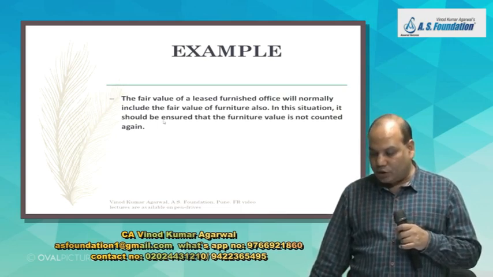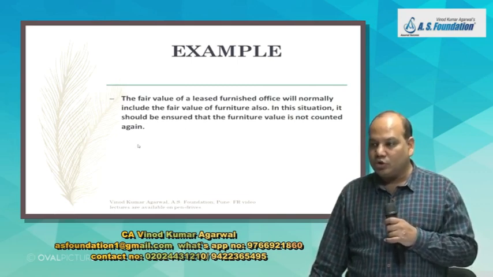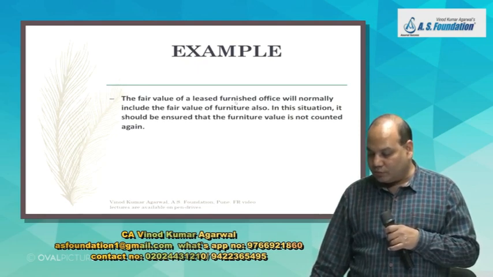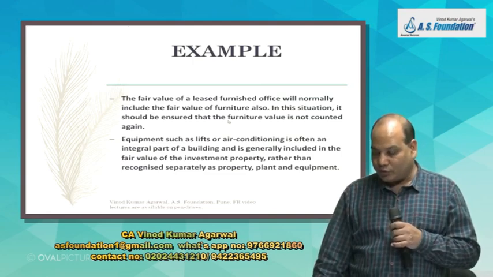In this situation, it should be ensured that the furniture value is not counted twice, because it is included in the fair value of that furnished office, plus you are going to disclose it as a separate asset. Then the furniture will get accounted two times.